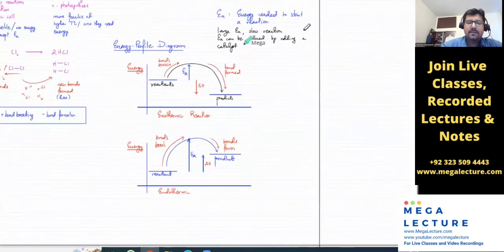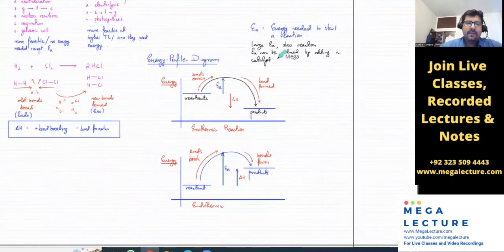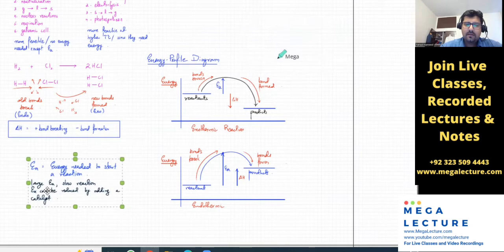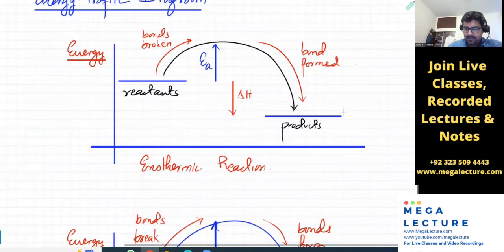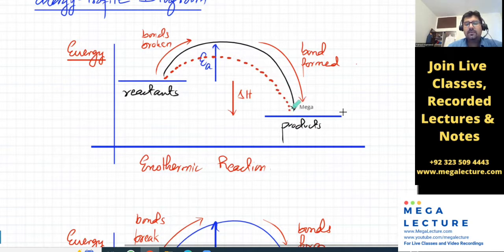EA can be reduced by adding a catalyst. Now, what will happen to this graph if I add a catalyst? The graph would become lower in height. Instead it will be traveling a smaller distance. So that's the same graph.